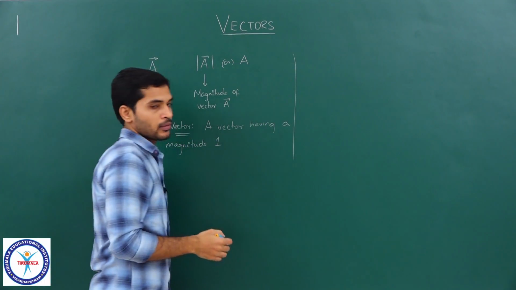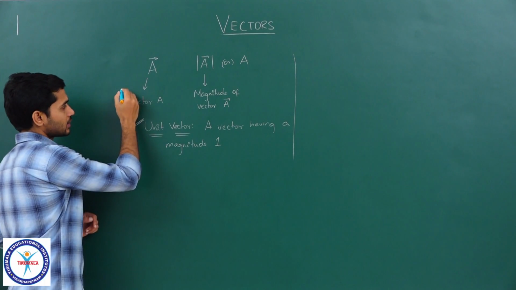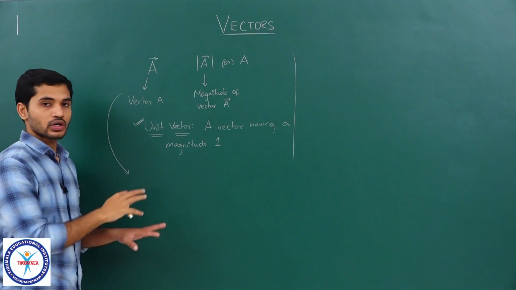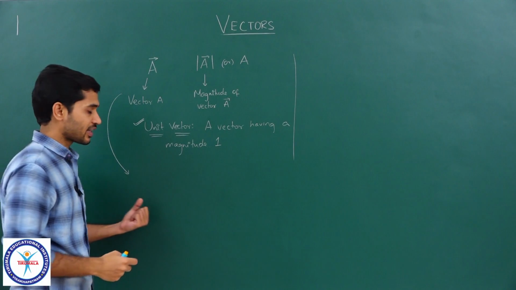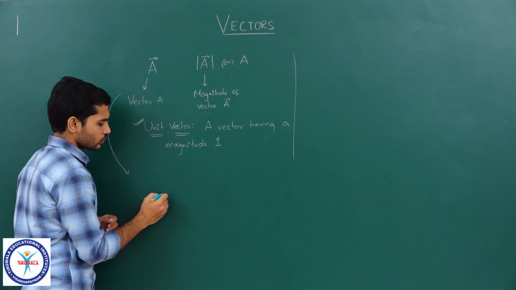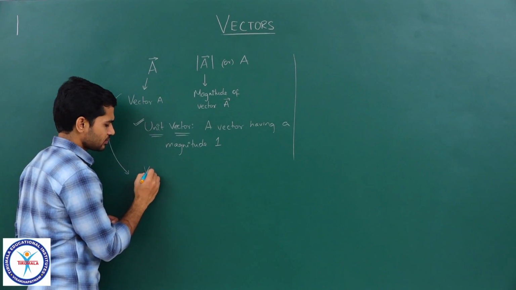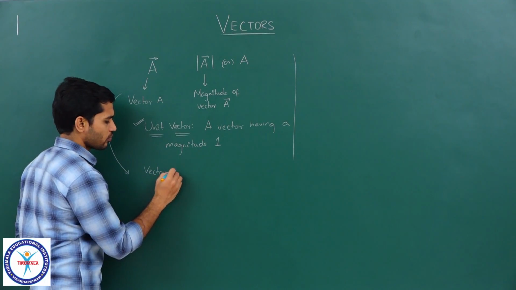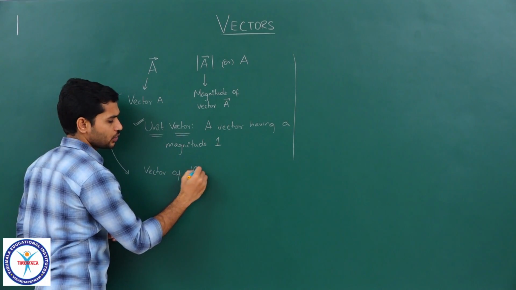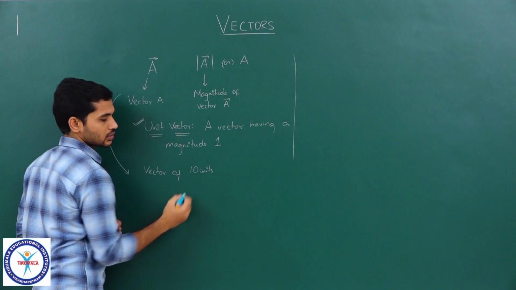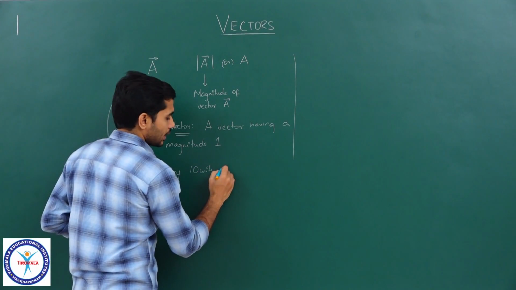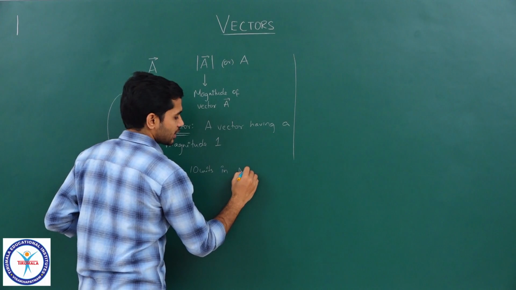Let us see. Before that, let me also show another way of representing a vector. If there is a vector of magnitude, let us say 10 units in the northwest direction.